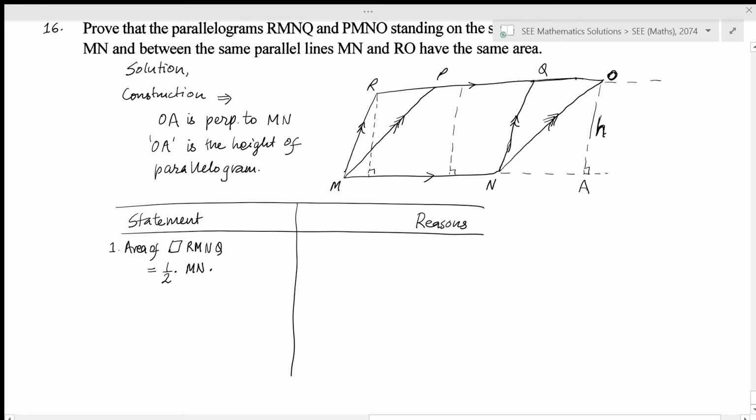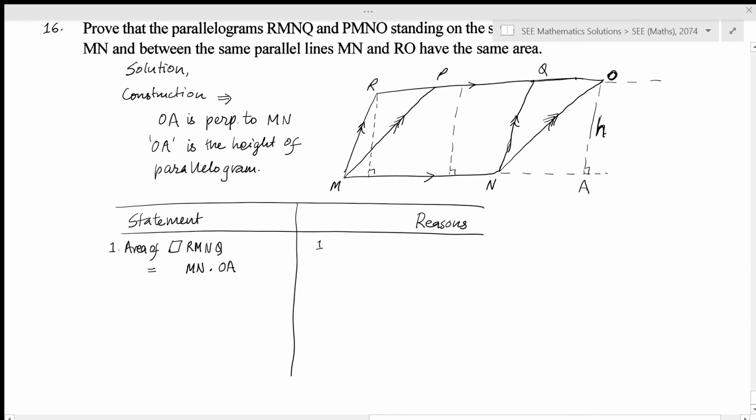Parallelogram area is not half; area of a triangle is half. So area of parallelogram is base times height. So MN times height, which is OA. We just drew this perpendicular, so OA is the height of the parallelogram.